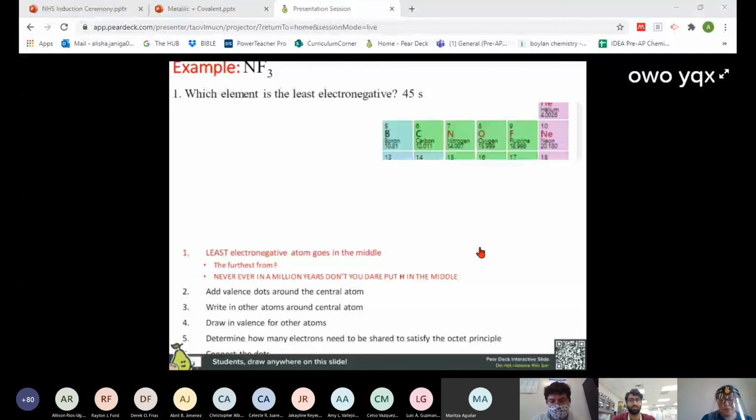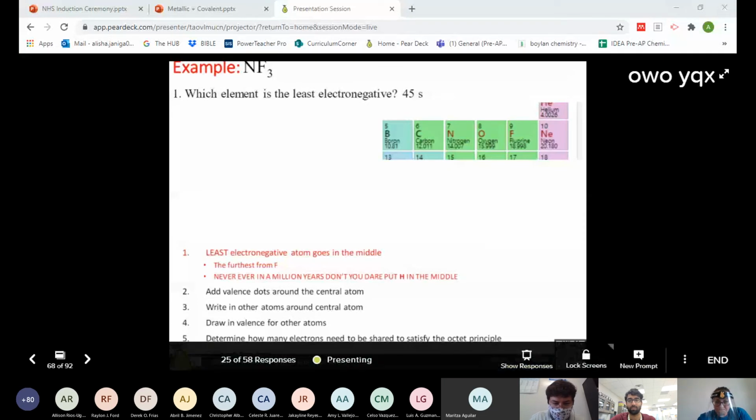I don't know where we're getting boron from. We've got our example NF3. So yes, boron is more electronegative, but we're talking between N and F. All right, Abby, who's it going to be? Who's in the middle? Nitrogen. Yeah, it is. Good job.